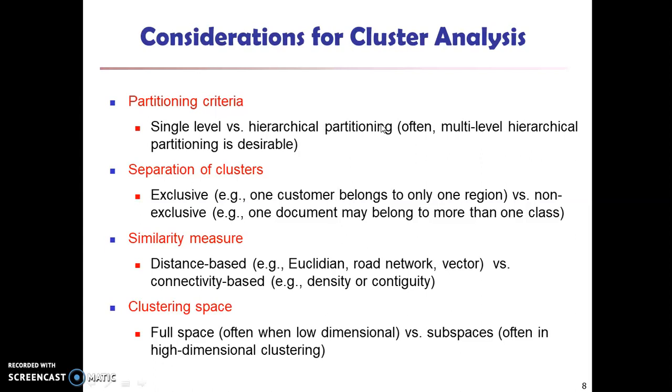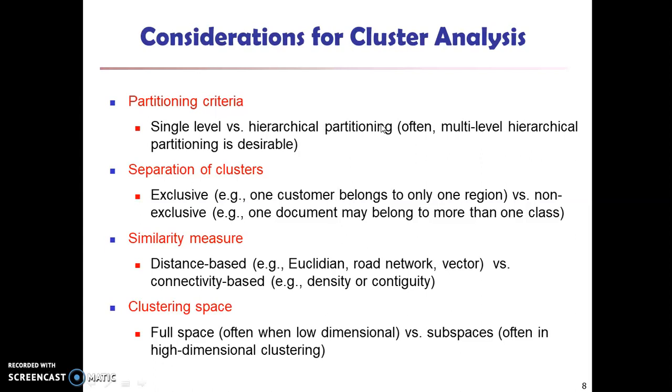And separation of clusters: exclusive, for example, one customer belongs to only one region, versus non-exclusive, in the sense one document may belong to more than one class. That is how the clusters can be separated.